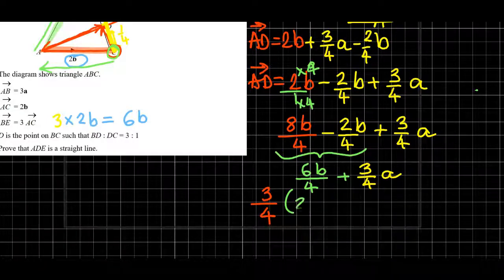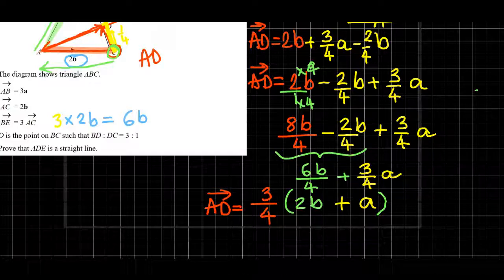So overall we would have 3/4 of (2b plus a). And that is what the line AD is. I'm just going to write the line AD here so that I remember what it is: 3/4 (2b plus a).